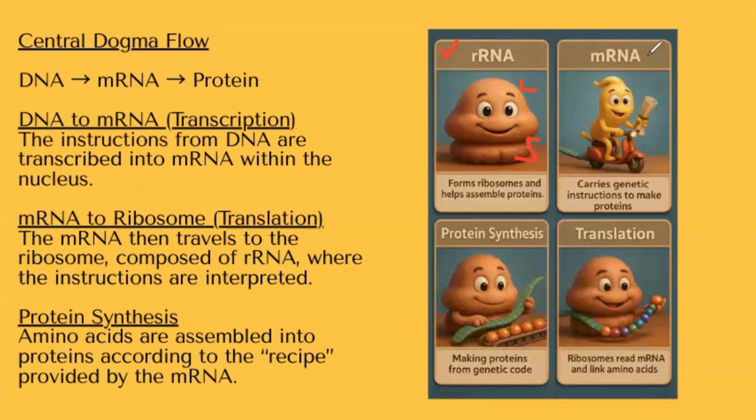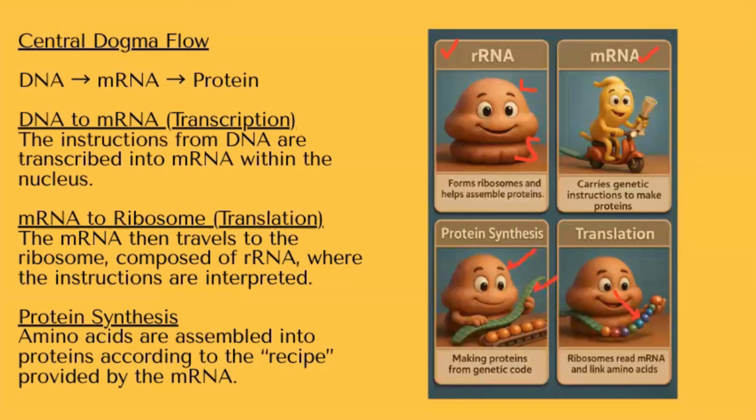So even though we have rRNA, we have mRNA, which is a different type of RNA, which basically carries the genetic material. So we have mRNA, and then we have protein synthesis, which allows us to take our ribosomes and read the genetic code, which leads to what's called translation.